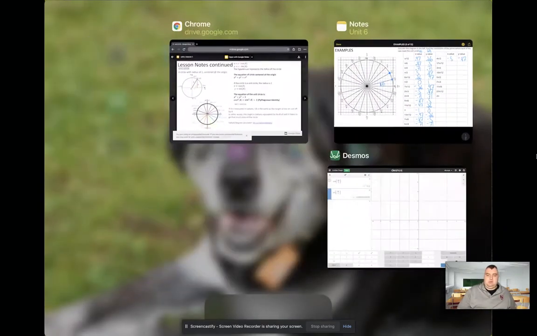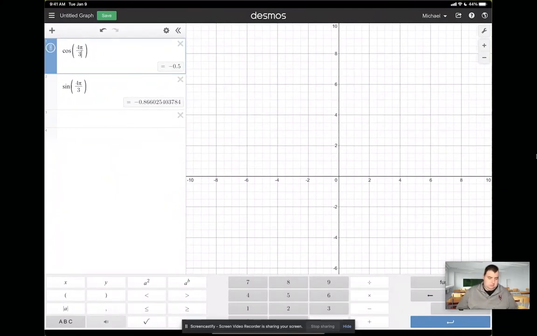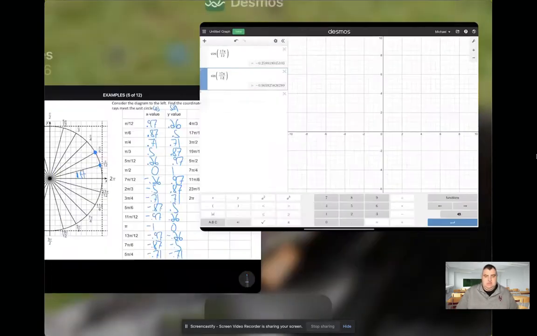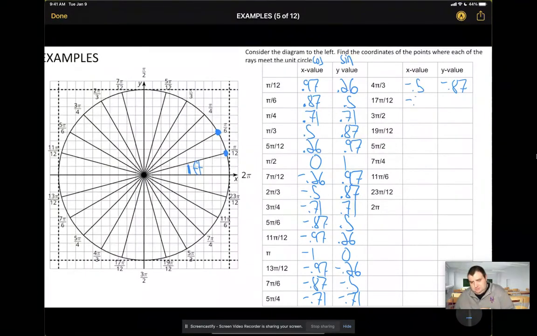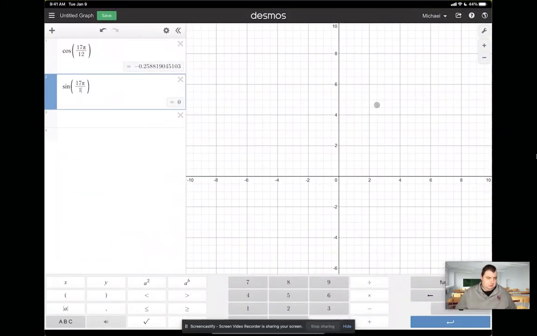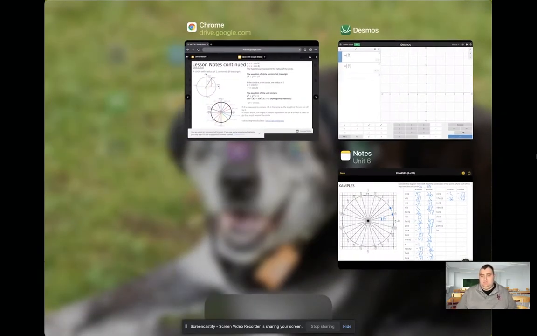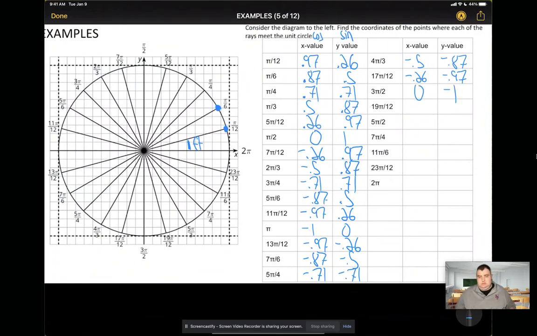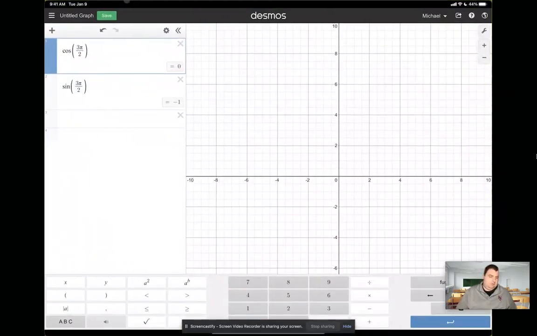17 pi over 12. So negative 0.26 and negative 0.97. 3 pi over 2. So 0 and negative 1. 19 pi over 12.